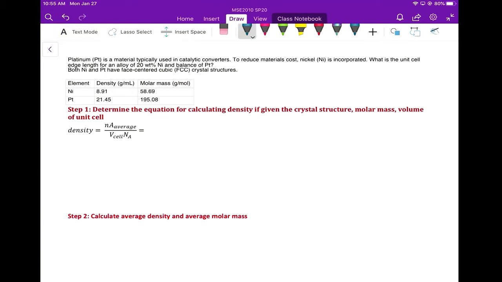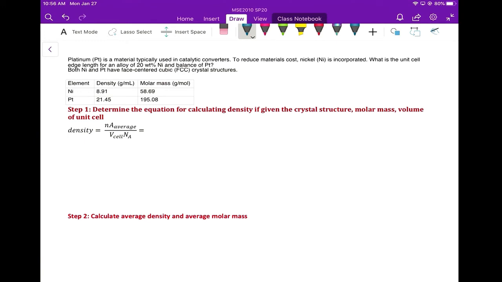So the first step, we have to determine, okay, well, if the question is asking for unit cell edge length, and we're given density and molar mass, where have we seen this before? We've seen it when we were discussing perfect crystal systems, and we were relating the density to the number of atoms in that unit cell times the molar mass divided by the volume of that unit cell times Avogadro's number, right?